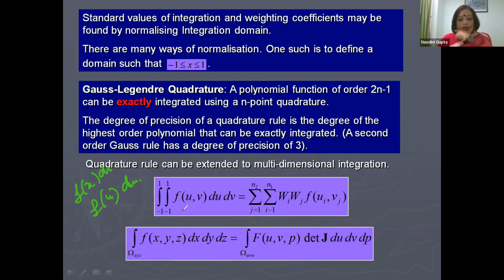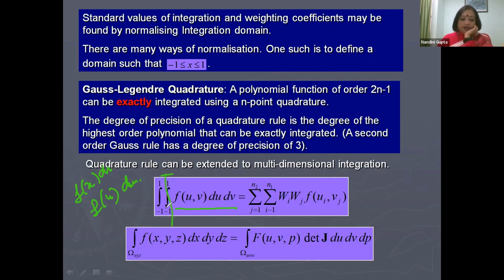Now I want to perform an integration because we will be using two-dimensional elements. I want to perform an integration over the domain u and v. So essentially I want to perform the integration f(u,v) du dv, -1 to +1, -1 to +1.